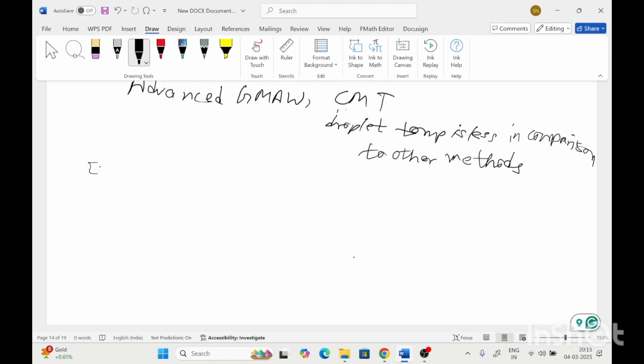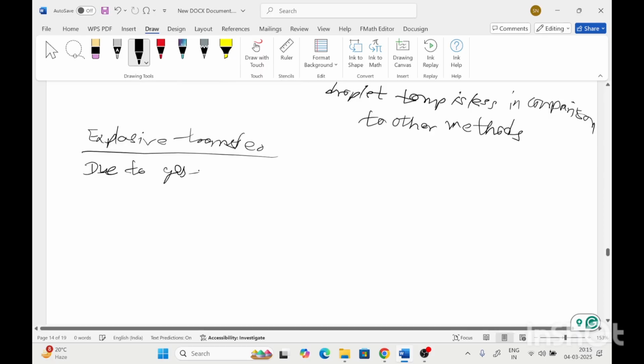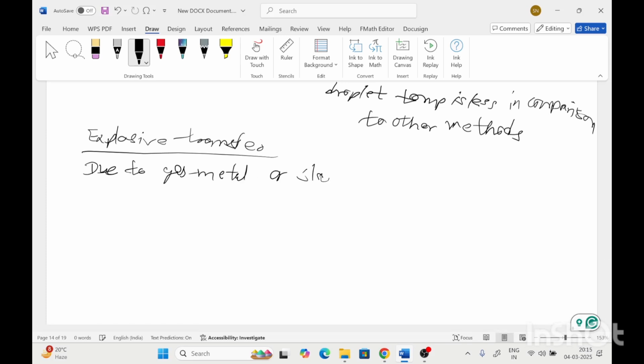Next transfer is the explosive transfer. So explosive transfer occurs due to gas metal or slag metal reaction inside the droplet.